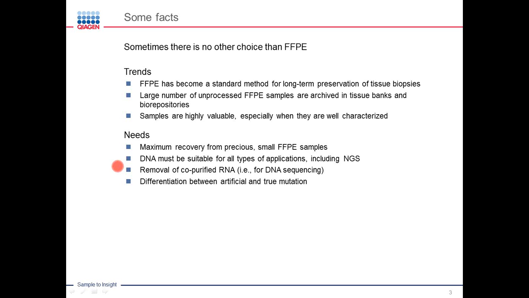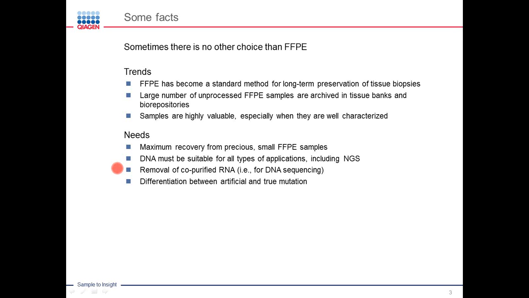And lastly, when DNA is the target molecule, it should be ensured that only true mutations are detected. So mutations originally present in the sample itself, and not artifacts that may have been created or formed due to the fixation and embedding or purification process in the end itself.